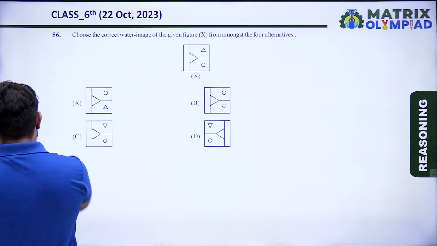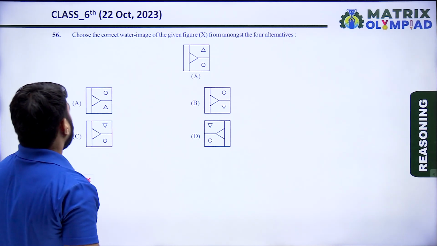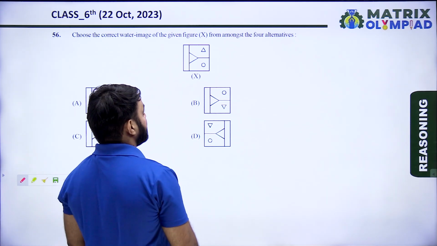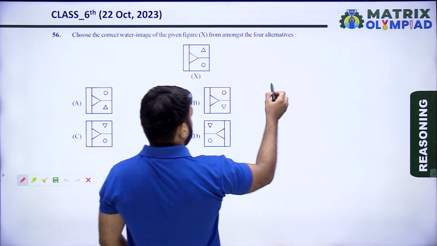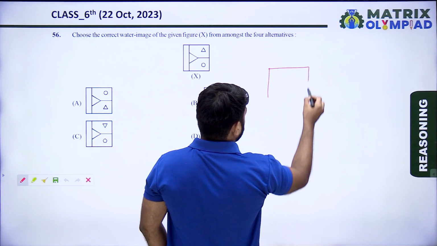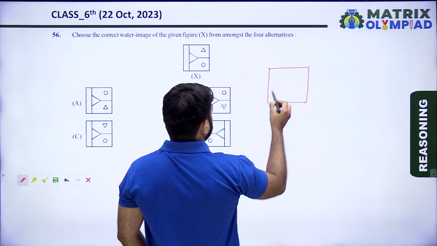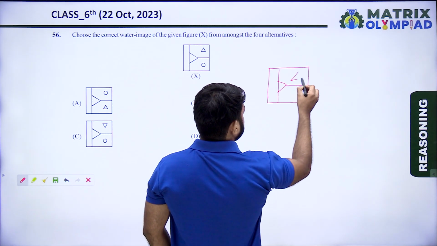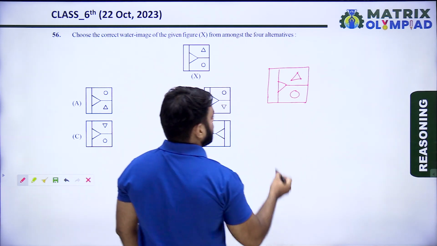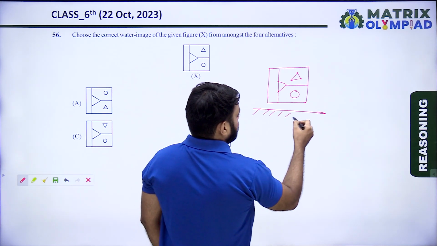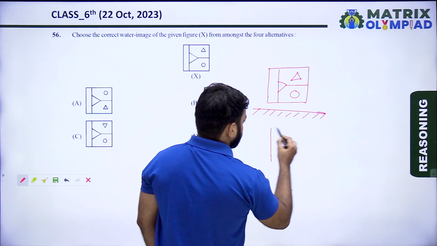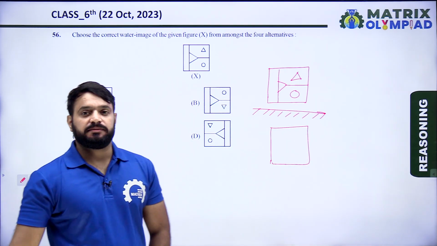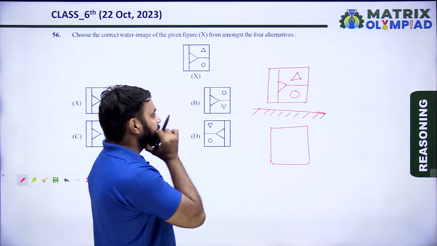So, next question is question number 56. Choose the correct water image of the given figure X from amongst the four alternatives. So, find the water image of the given figure. Outer figure of the figure in water.